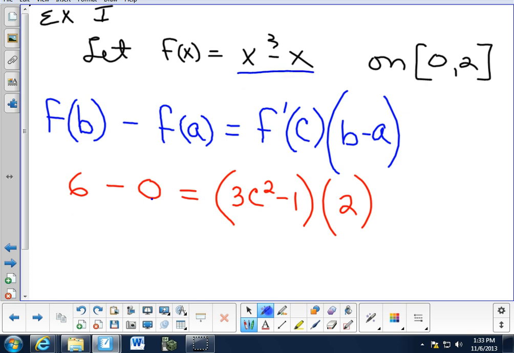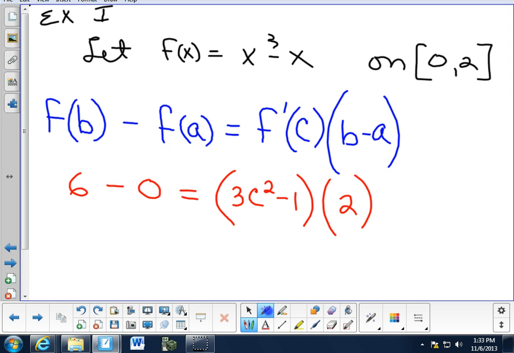Equals. Well, here's the derivative evaluated at c, f prime of c. And then b minus a, 2 minus 0, is 2. Hey, good news. Lovely little equation, only one variable. Yeehaw. It's all for c.